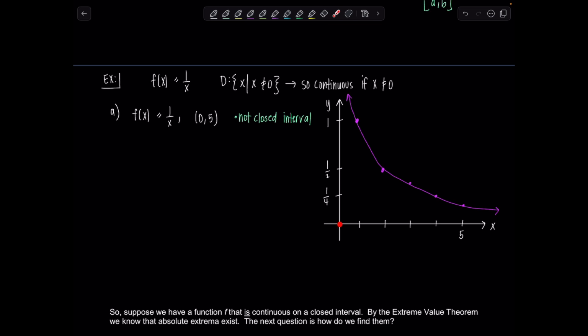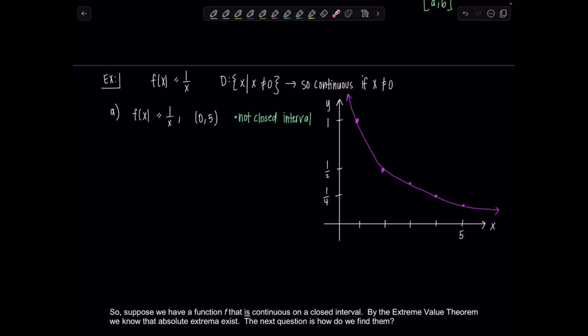No, because at 0, the function's not defined and it goes up, up, up, up, up forever. And you could always find some y value larger than whatever you say would maybe be the absolute max. Like if you pick some y value over here that's all the way up there, someone can get just a wee bit closer to x equals 0 and get an even higher function value. So forget that. And then same thing here, we're not including 5. So there is no absolute min because you can't actually say f of 5.